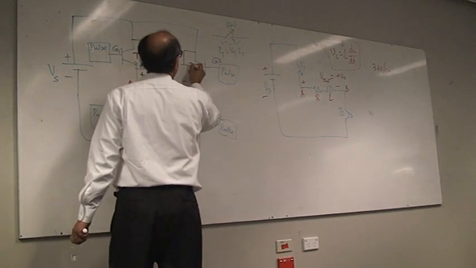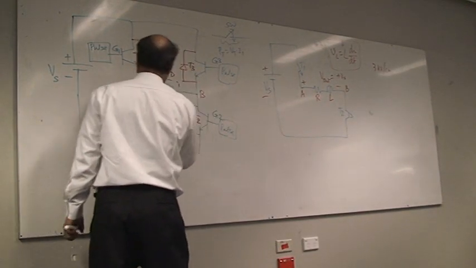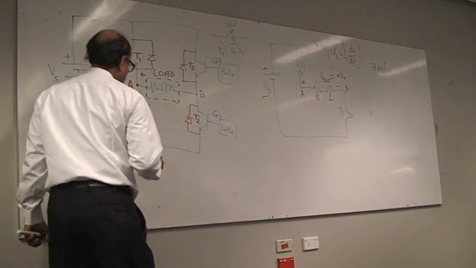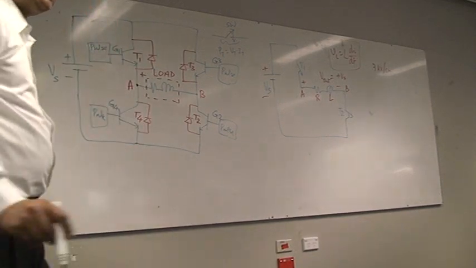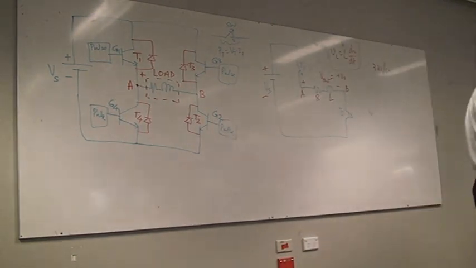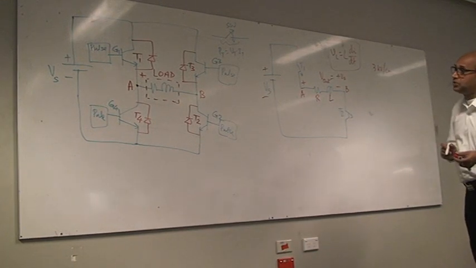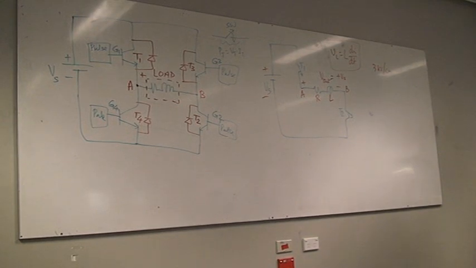So I must have some freewheeling diode across them, which is an anti-parallel diode. In earlier days, this diode was not considered as a part of the package. But now if you buy transistors for an inverter, this diode will come as a package. You do not need to add extra diodes. But in earlier days you had to use extra diodes. Okay, I'll come to how this diode comes into the picture.